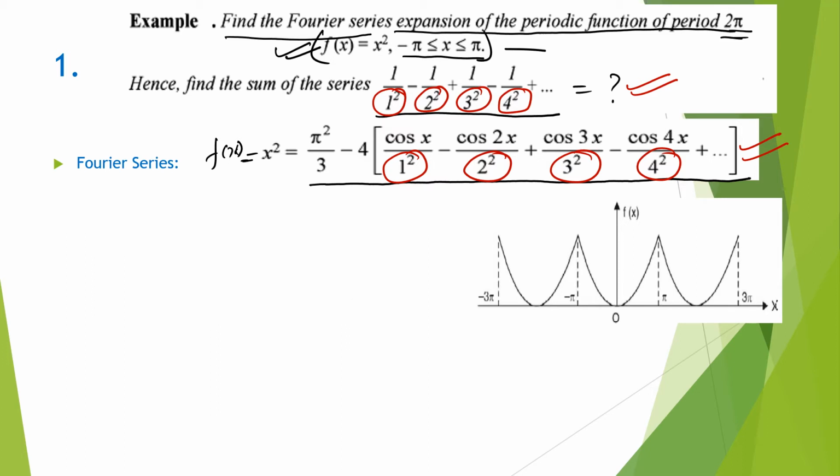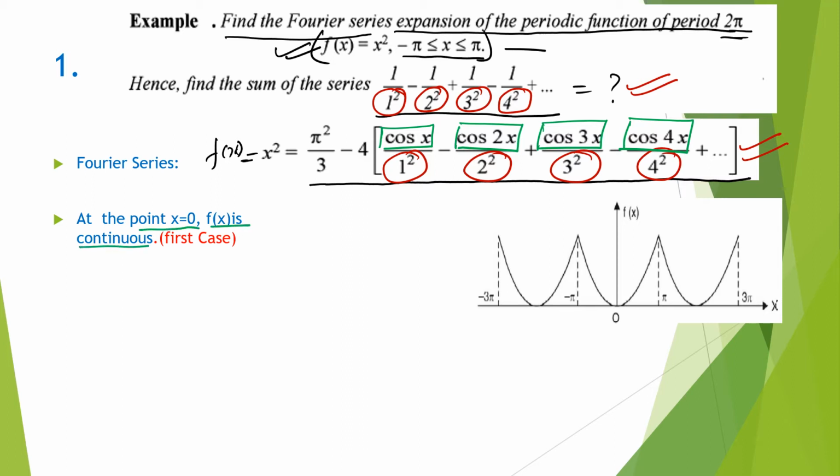What we require is to convert these cos x, cos 2x, cos 3x, cos 4x into 1. So at the point x equal to 0, function f(x) is continuous, and x equal to 0 is a point between minus pi to plus pi.